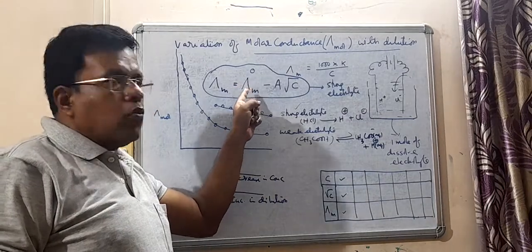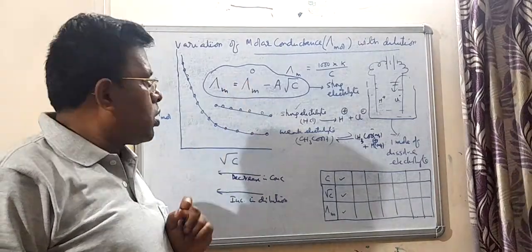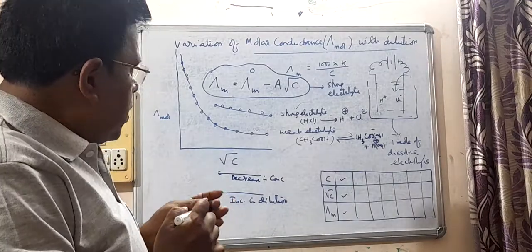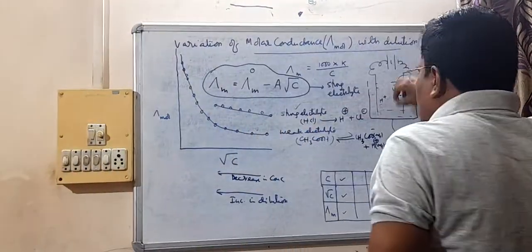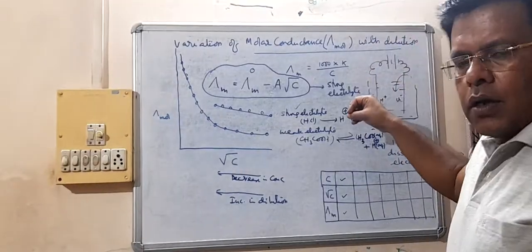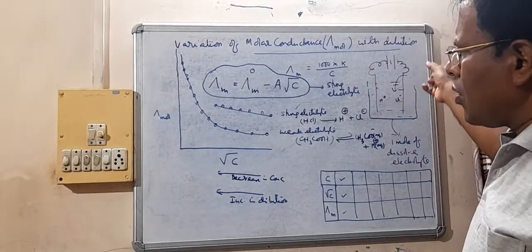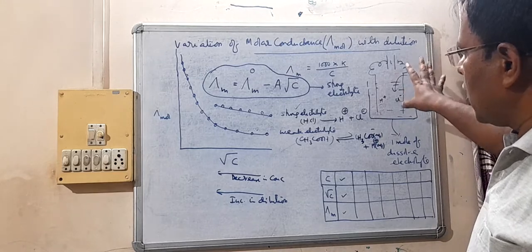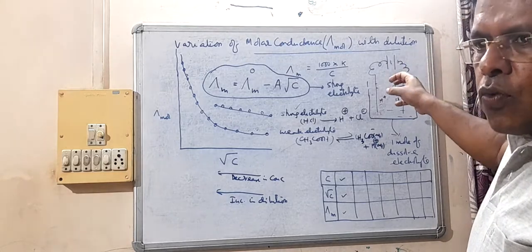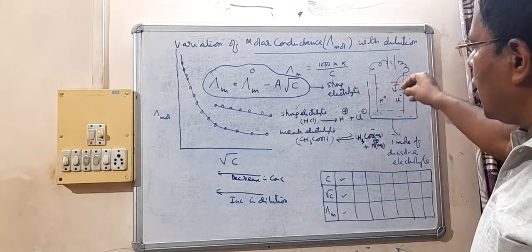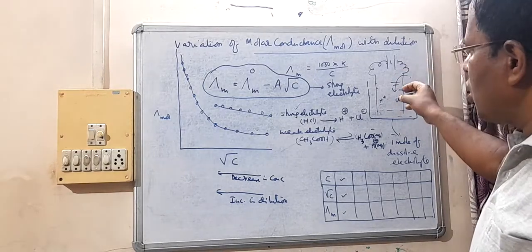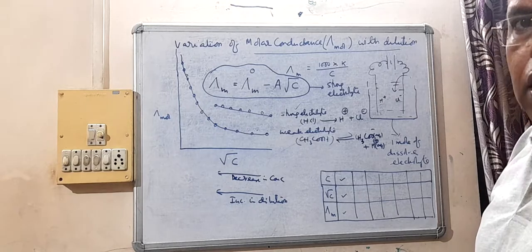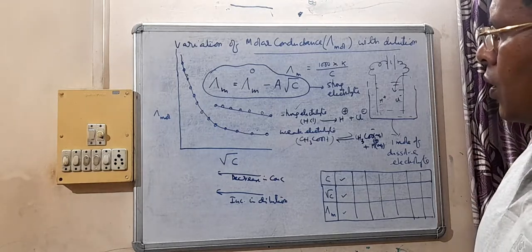Okay, this stands for molar conductance at infinite dilution. Infinite dilution means suppose we have added a lot of water, an excess of water. So when we have added excess of water, the dilution is very much, and we say that is infinite dilution.